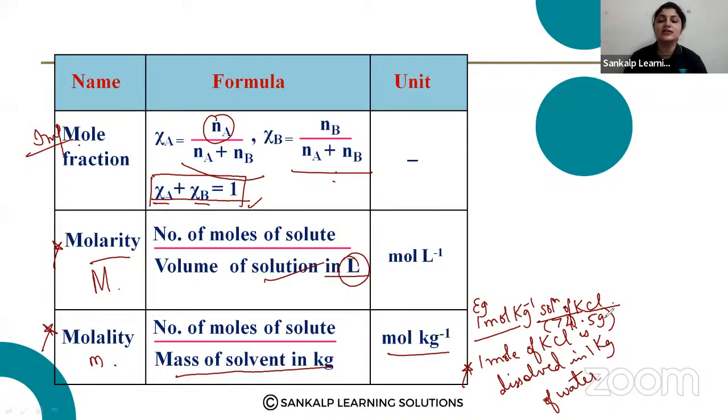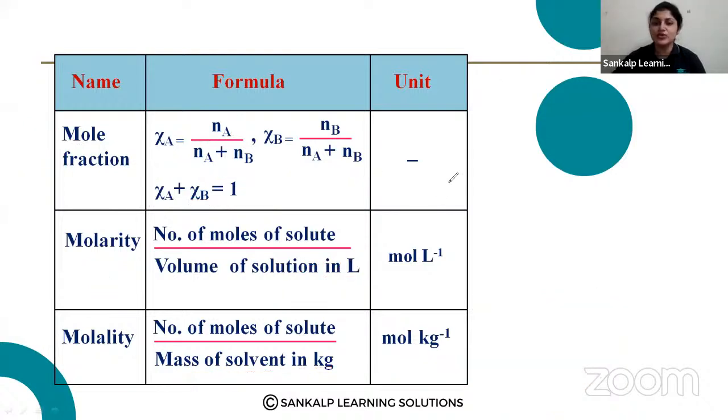So if you dissolve this many grams of KCl in 1 kg of water, it is said to be a 1 mole per kg solution of KCl. So these are the ways you are going to express your solutions.